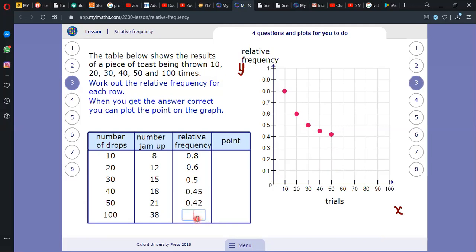And then the last one, we have 38 divided by 100, which should give 0.38. Plotting the point for that, 0.38 is going to be a bit close to 0.4. Right there, 0.38. So that is our graph. All right, let's move on.